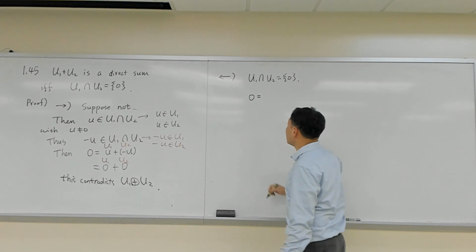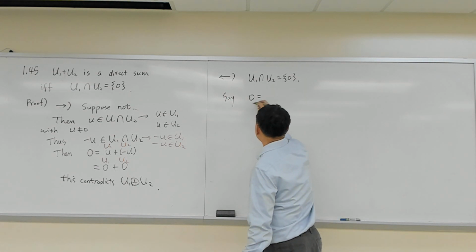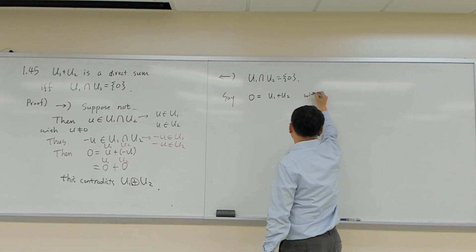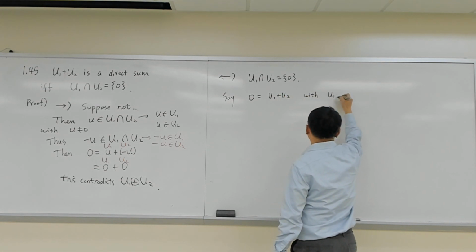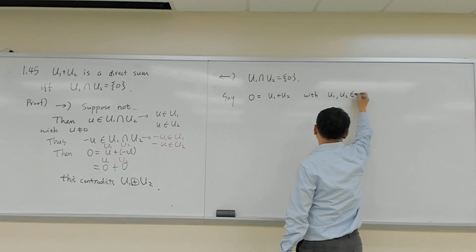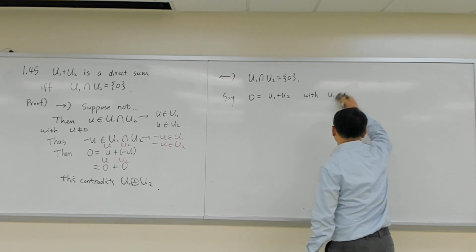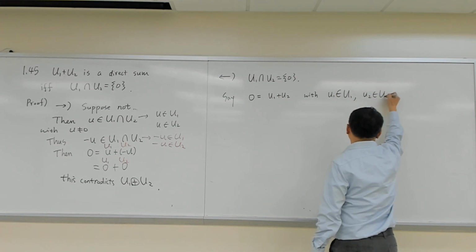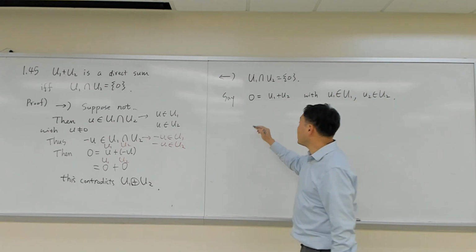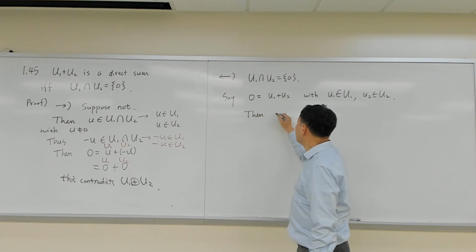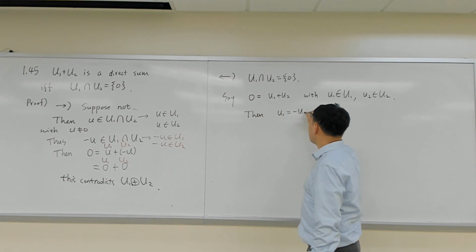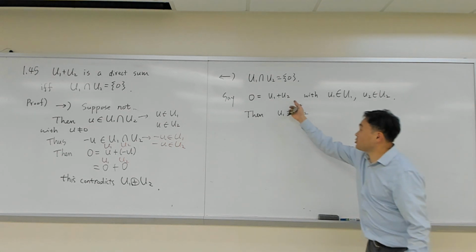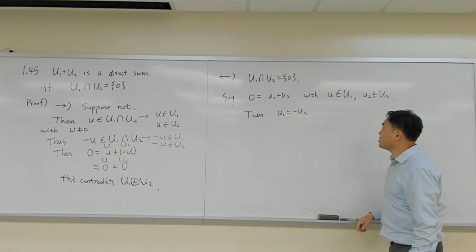So let's say 0 is u1 plus u2 with u1 in U1 and u2 in U2. Well, then u1 is equal to negative u2, right? You can subtract u2 to the other side and you get that.